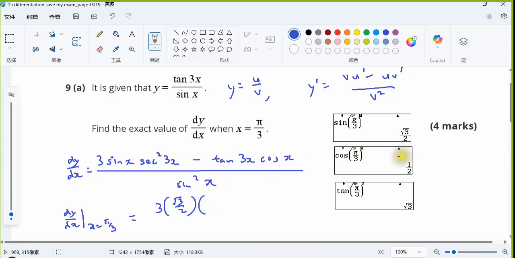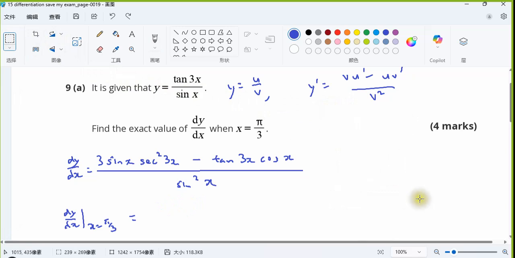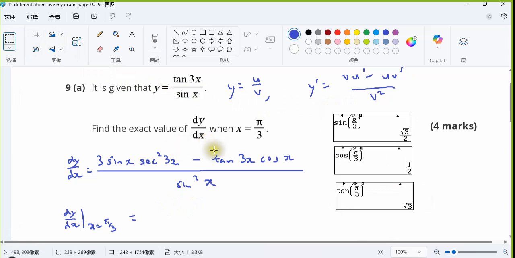So what we want is pi over 3. So this is 3 sine pi over 3, square root 3 over 2.